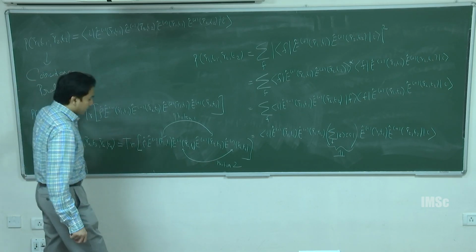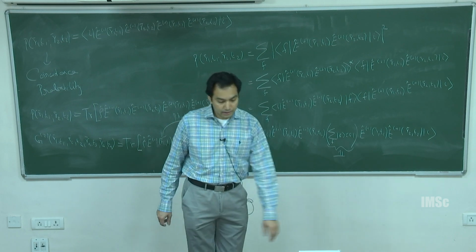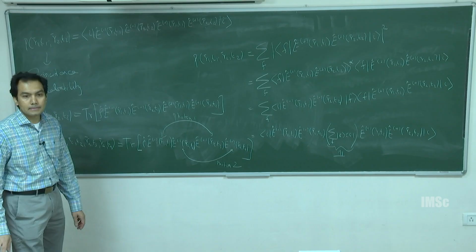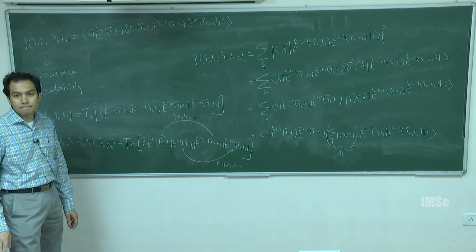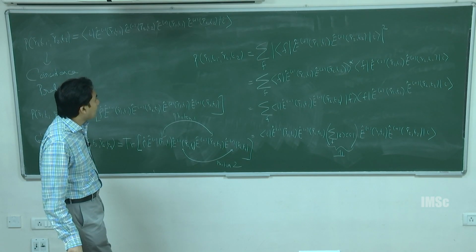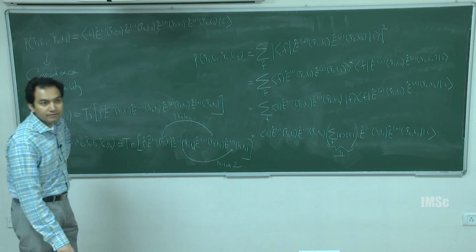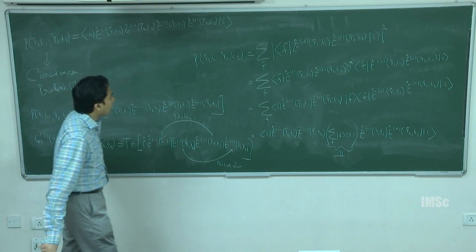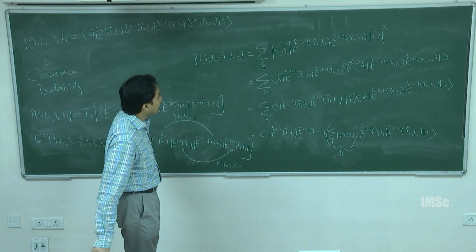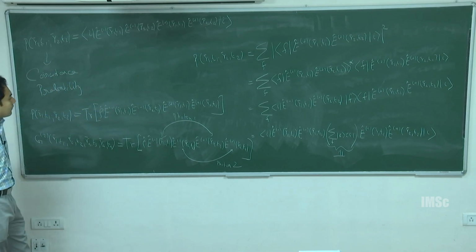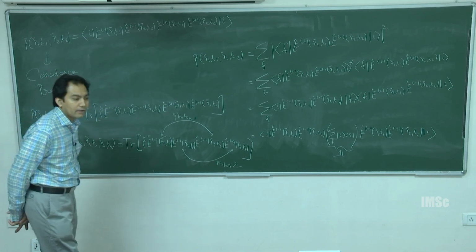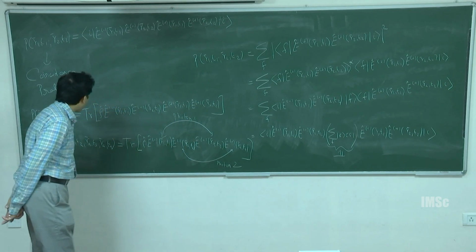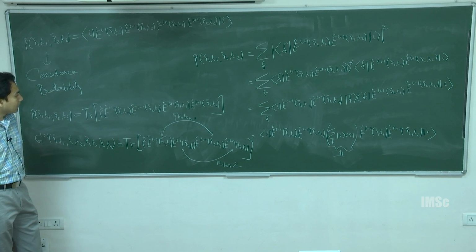So are the notion of coincidence probability and the notion of multi-point correlation function clear? I want to make sure that these ideas make sense to you.